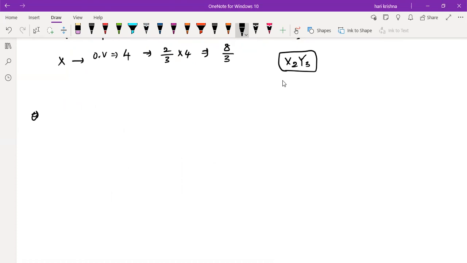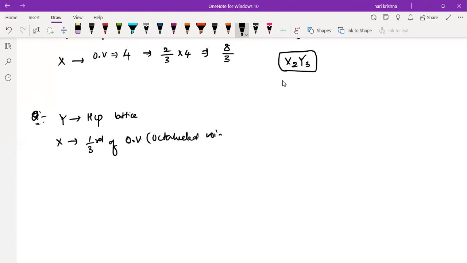Write the formula of the compound in which Y is occupying the HCP lattice and X occupies 1/3 of octahedral voids. Are you understanding what I am telling? These are octahedral voids. Yes, sir. Okay, now tell me the answer.